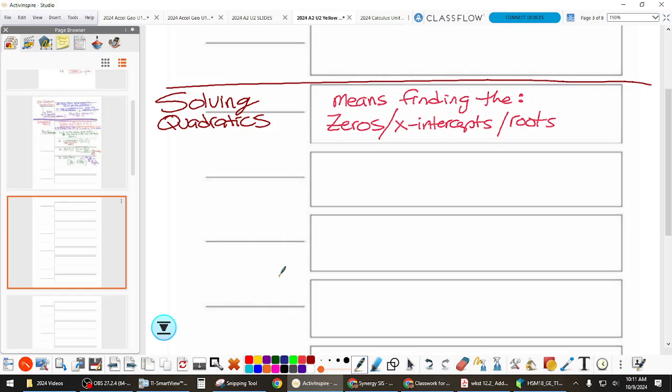They all mean the same thing, and all those words are referencing this: where the function value, which is y, is 0.